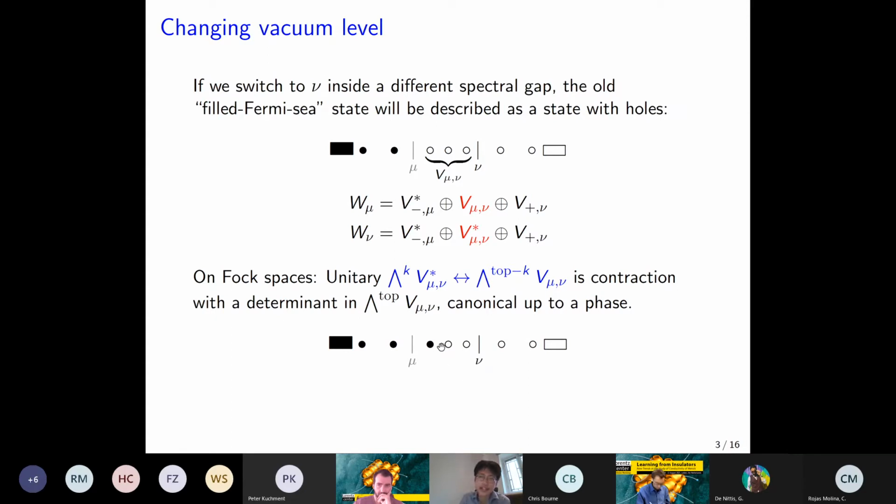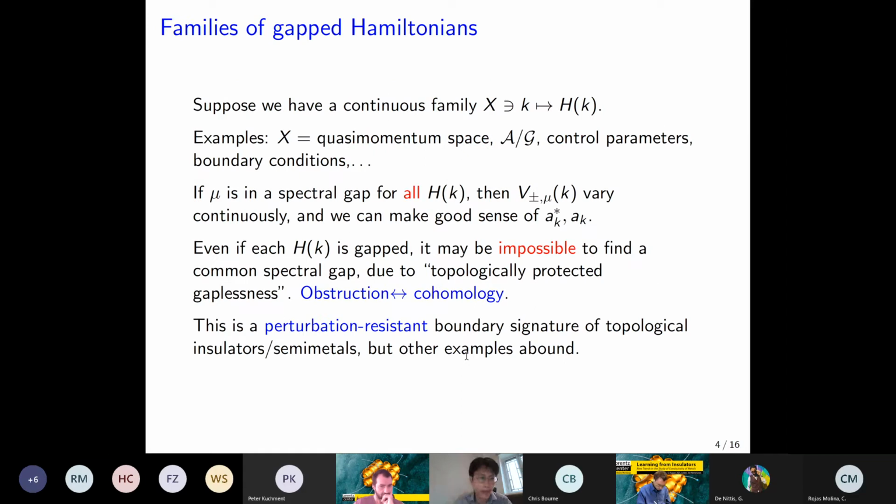So if you have n filled states initially, then upon changing the vacuum level you now have n minus k holes. Keep that in mind. Later on, I'll come back to this.